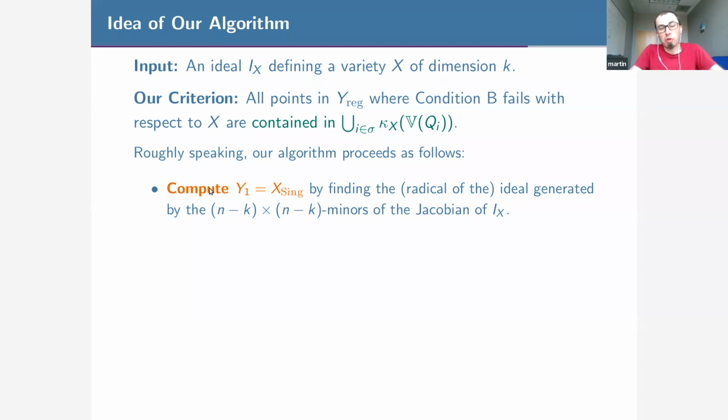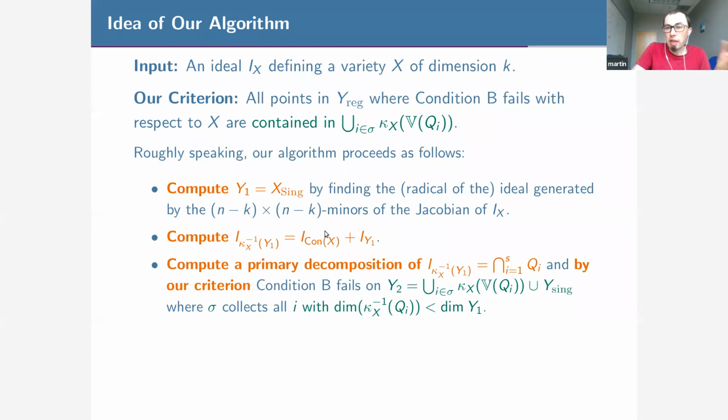The way we do that is we first take Y1 as the singular locus. So we compute the maximal minors of the Jacobian matrix of the defining equations of X, the n minus k by n minus k minors, and take the radical of that ideal, and that will define the singular locus. Then we use that as the Y in our theorem, as our first candidate Y.